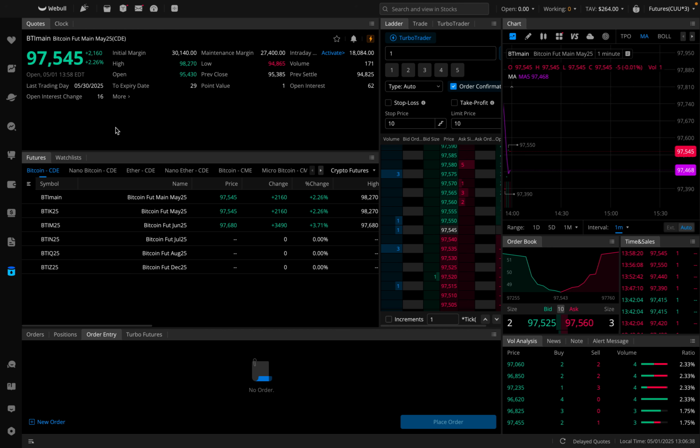So now we're on our futures account, on the Webull desktop app, and again, we're on this futures trader section. Firstly, what is a futures contract? A futures contract is a legal agreement between a buyer and a seller to either buy or sell a commodity like crude oil or a financial instrument like E-mini S&P 500 at a pre-established price and date in the future.